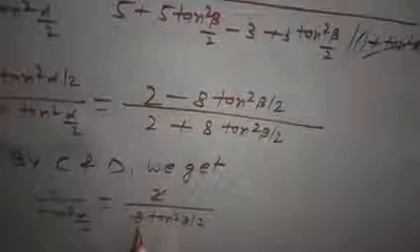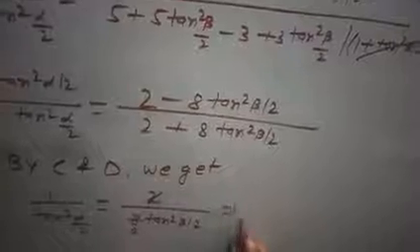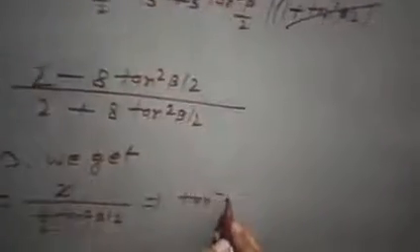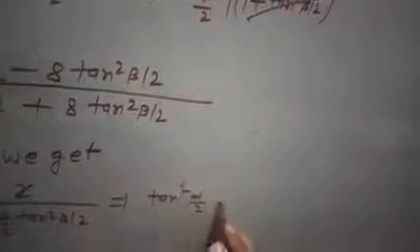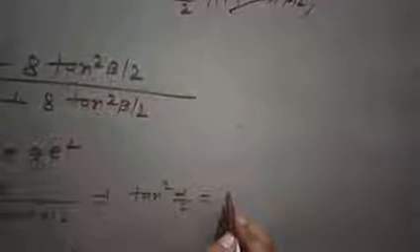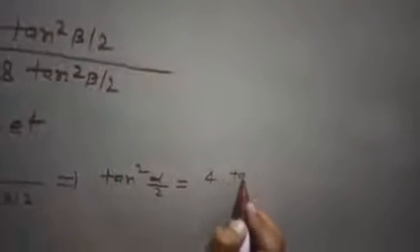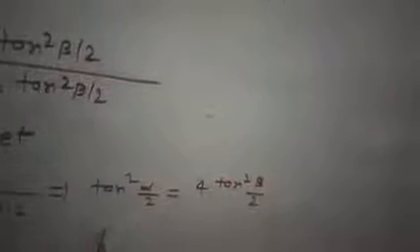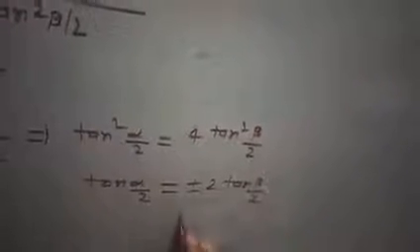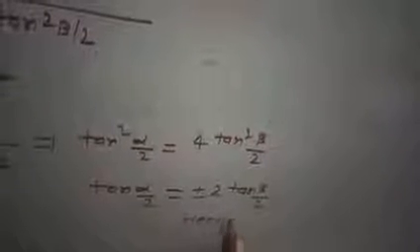Now 2 fours are 8. So in the very next line, tan square alpha by 2 equals 4 tan square beta by 2, and if we take root on the right hand side, so plus minus 2 tan beta by 2, and this is what we needed to prove.